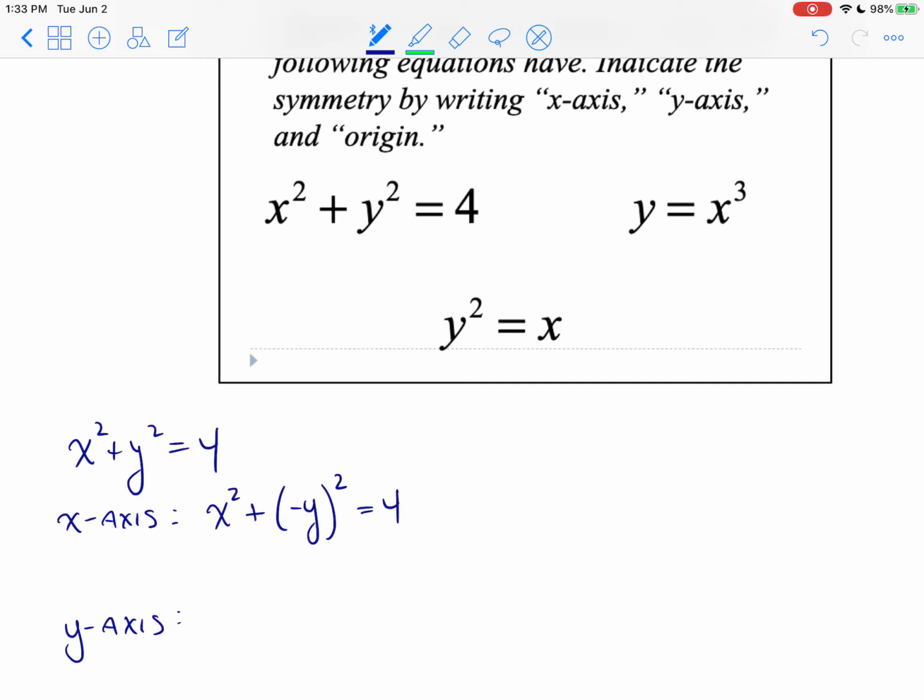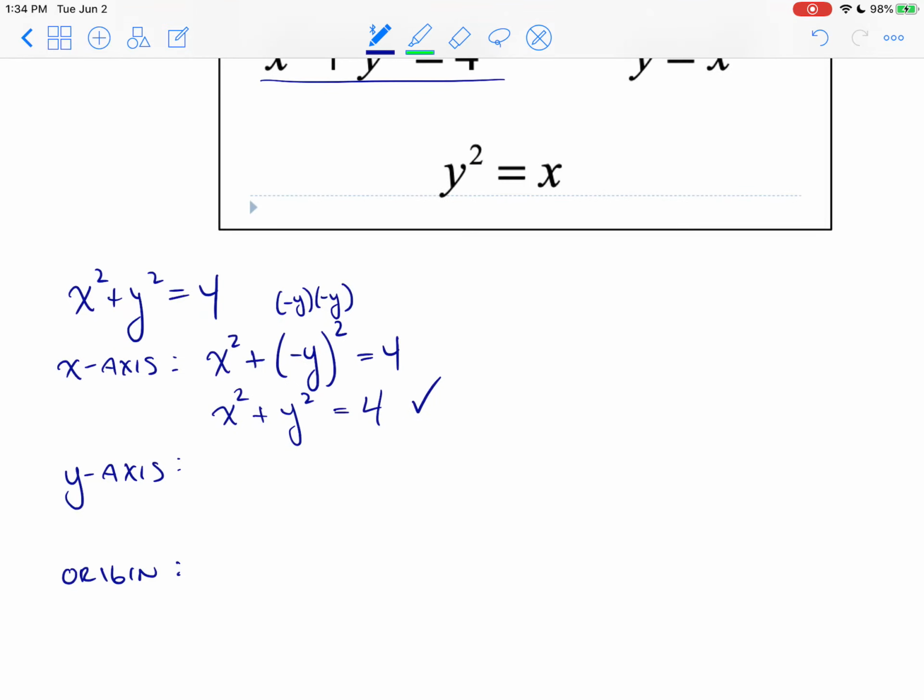Now, when I square negative y, I get negative y times negative y, which is a positive y. And so that gives me positive y squared equals 4. And so I've gotten back the original equation. And so there is x-axis symmetry for this graph.